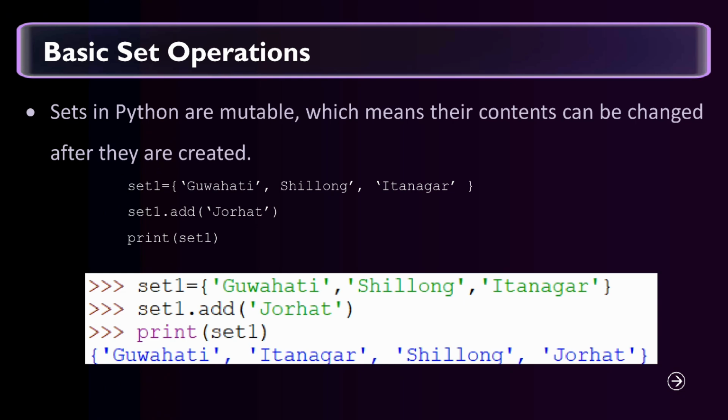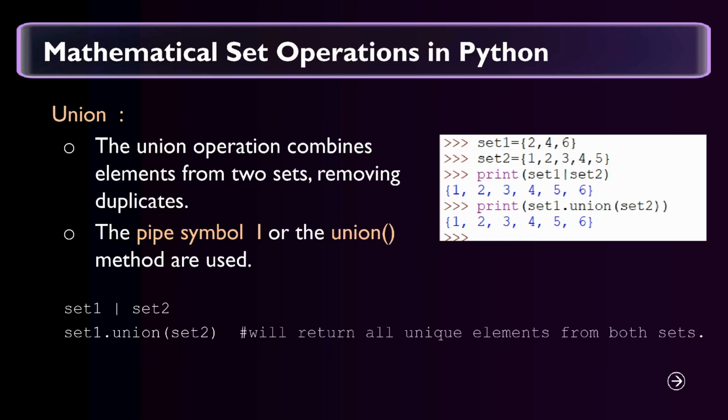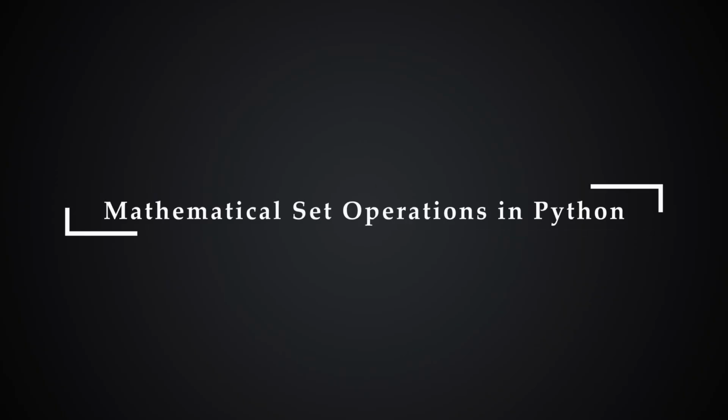We should remember that since sets are unordered, the elements may not appear in the same order as they were added. In Python, sets support several mathematical set operations that allow us to combine, compare, and filter data efficiently.